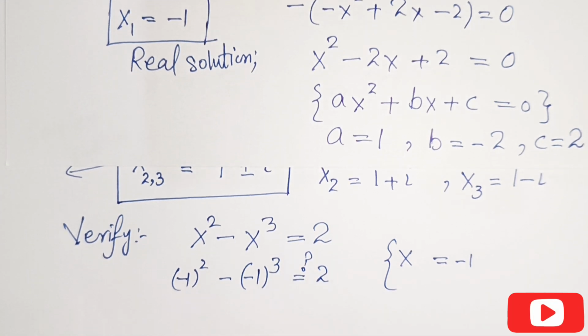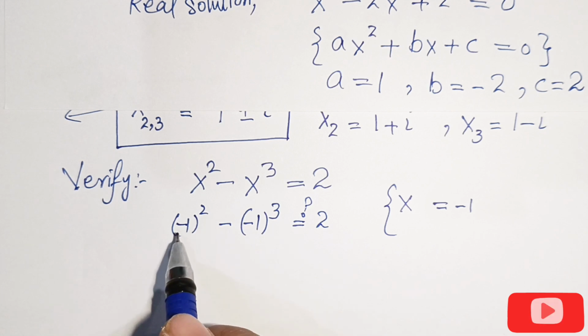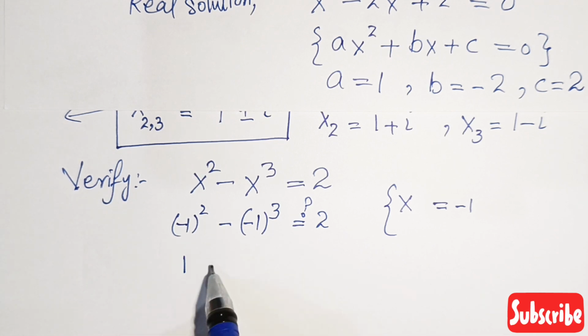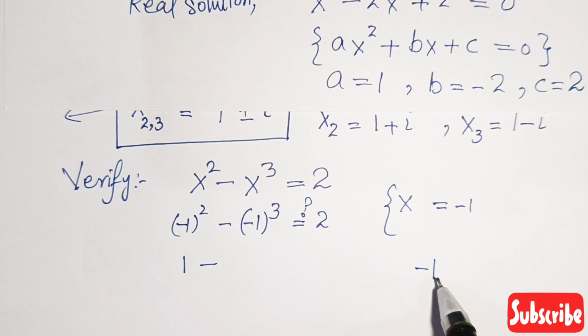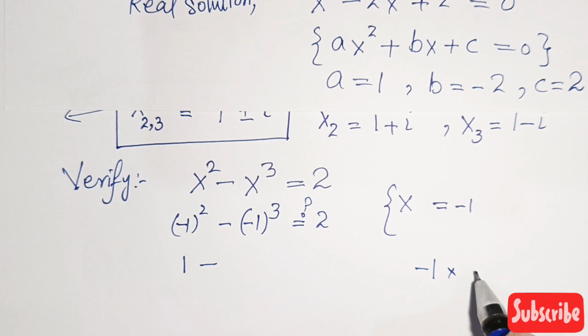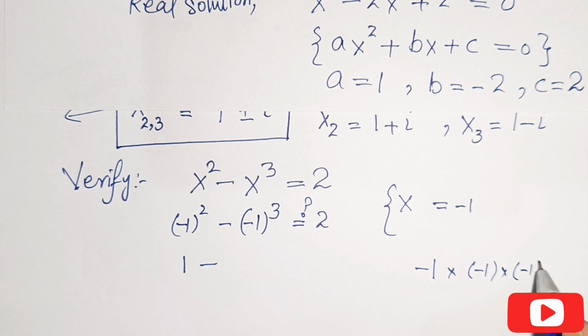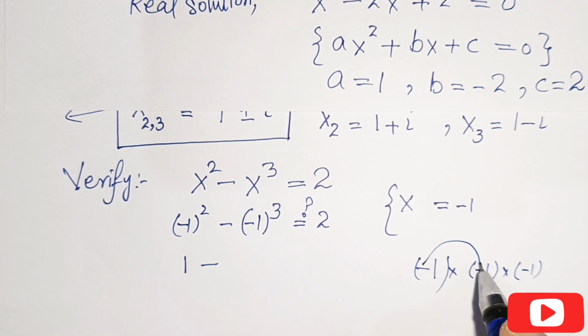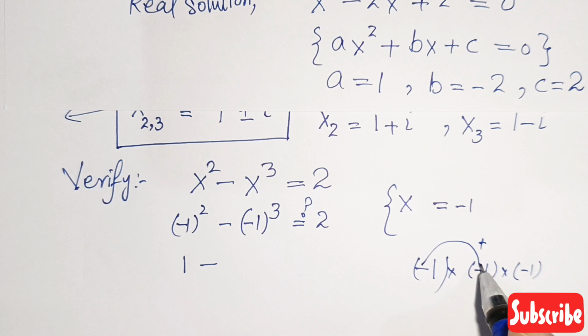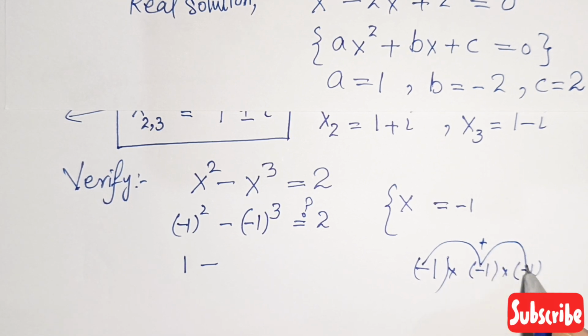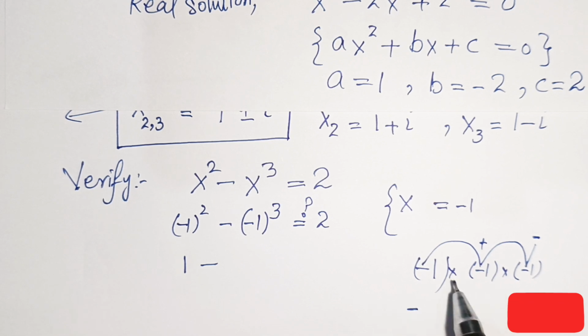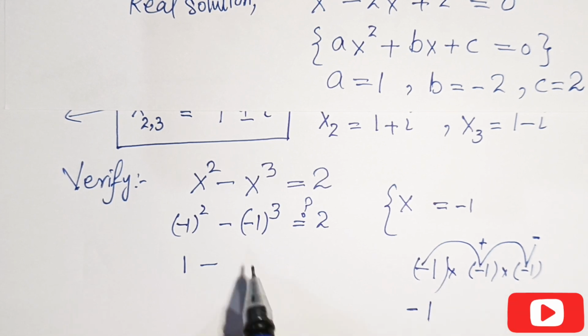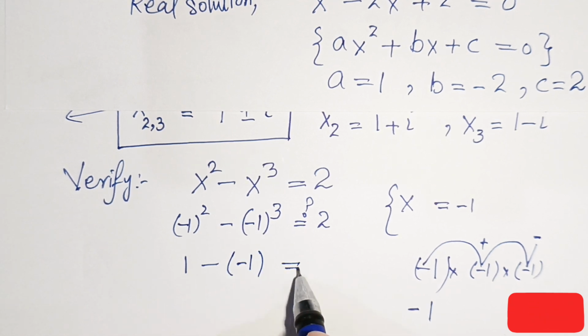So we have to prove: minus 1 squared will be 1, and here we have minus 1 cubed, which is minus 1 times minus 1 times minus 1. Minus times minus is plus, and plus times minus gives minus, so our final answer is minus. 1 times 1 is 1, so here we get minus 1.